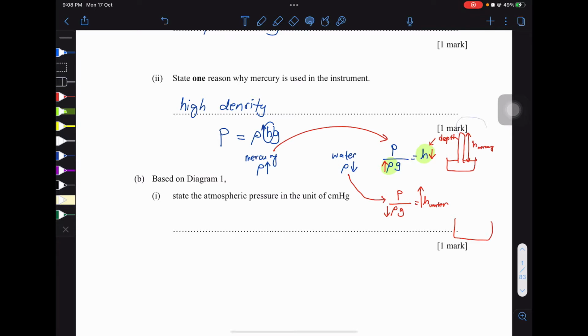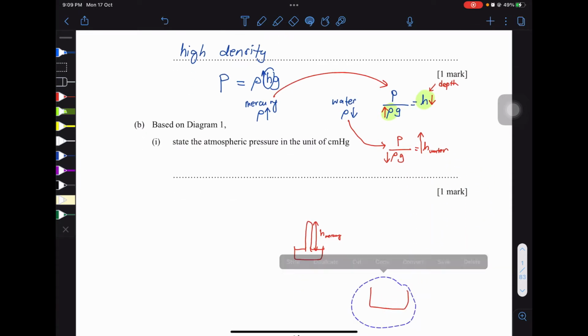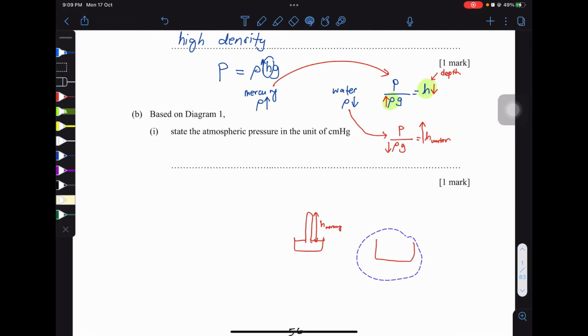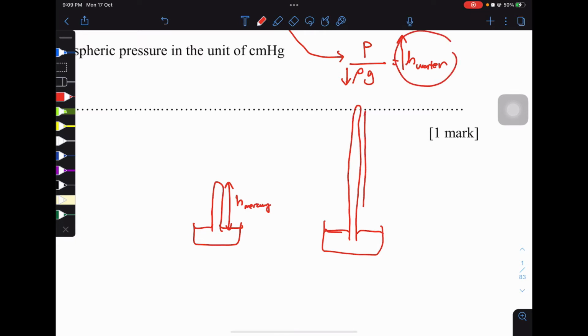If I draw it next to this one, where this is the depth with mercury, we need a higher length to fulfill this, a higher depth. So the depth will be longer.